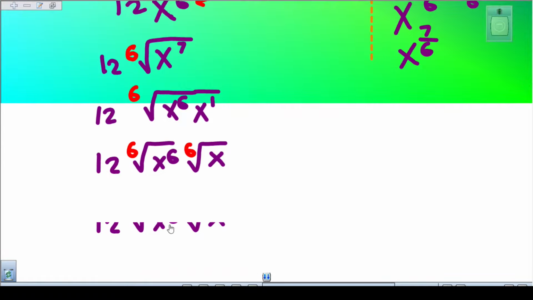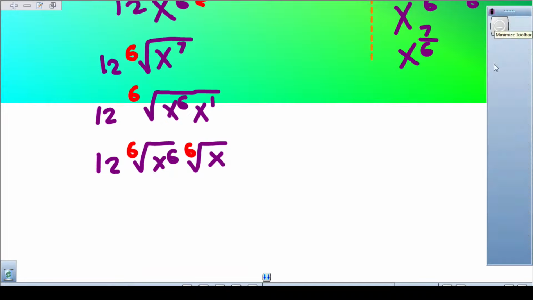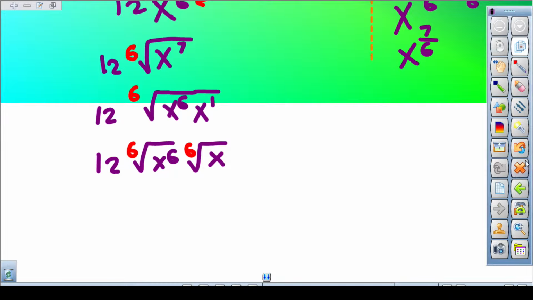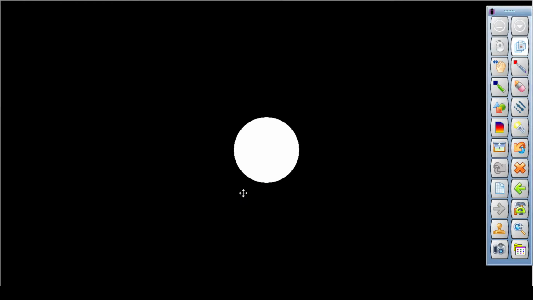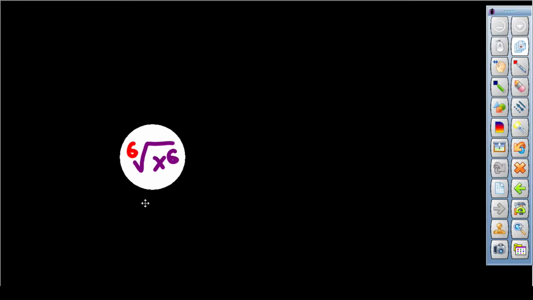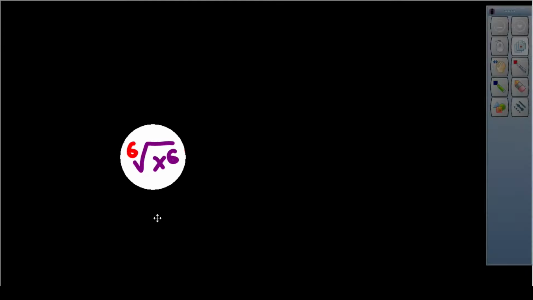Okay. So again, if you look at this closely here, let me actually focus on this a little bit. I'm going to use this tool here to focus. See, look at this guy here. You're saying you have an item that is multiplied by itself 6 times, because remember this is the 6th root. So what is this item? What are you looking for that is multiplied by itself 6 times? Well, it's very obvious here. It's going to be the x itself.